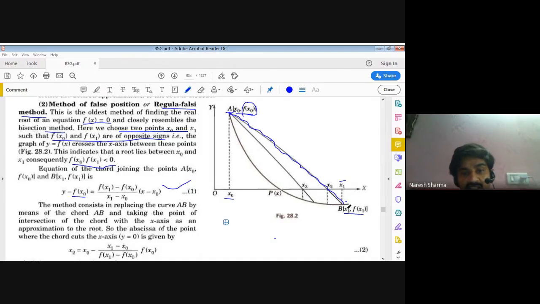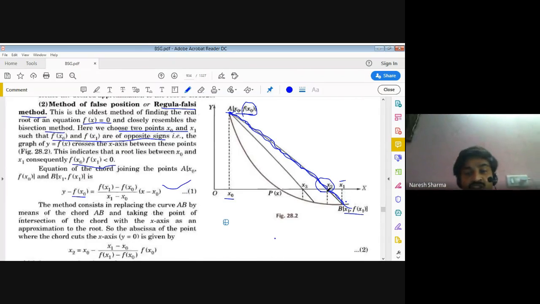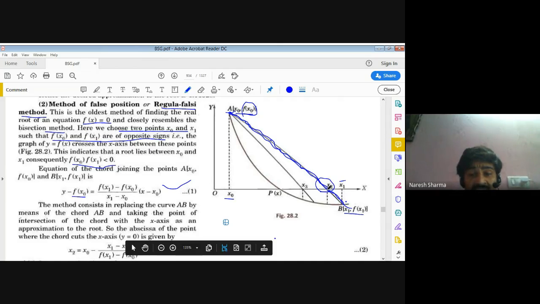If you see here, at A the value of the function is positive and at B the value of the function is negative, so this line also crosses your x-axis at some point, and that point we just assume is your x2.